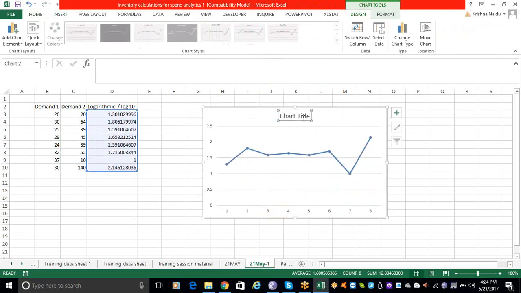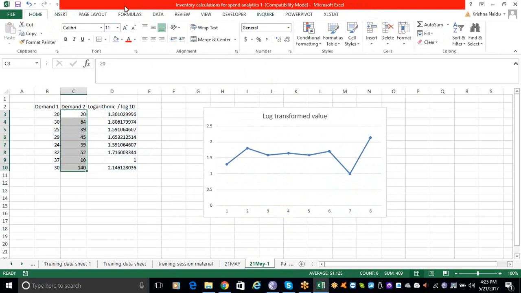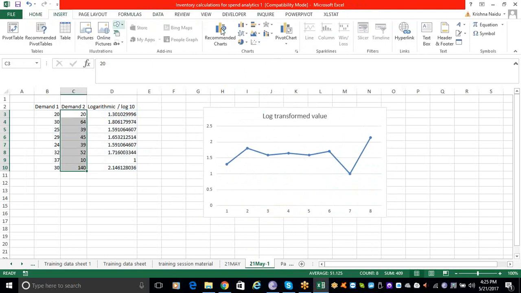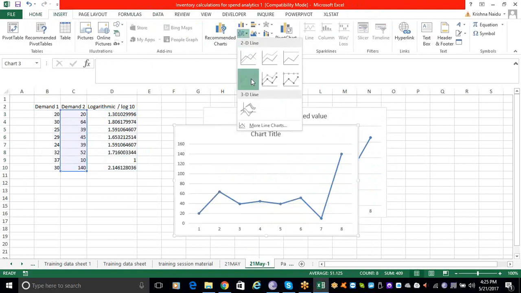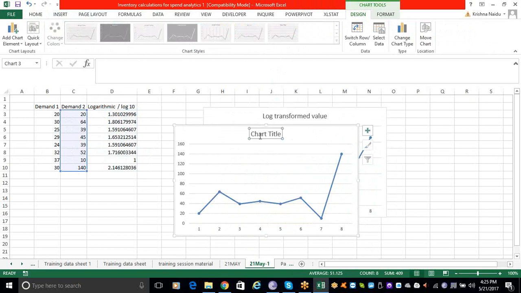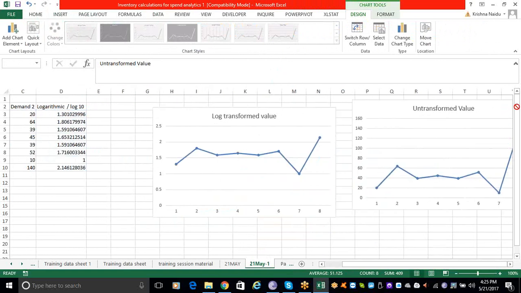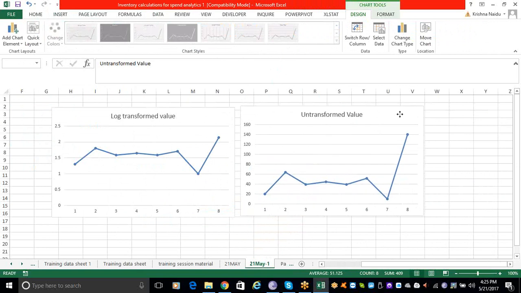This is the log transformed value, and this is the value which is not transformed.